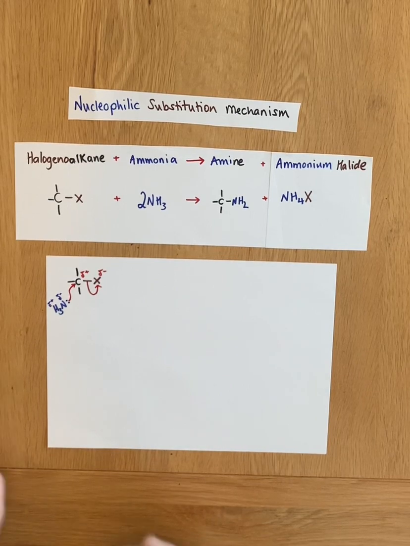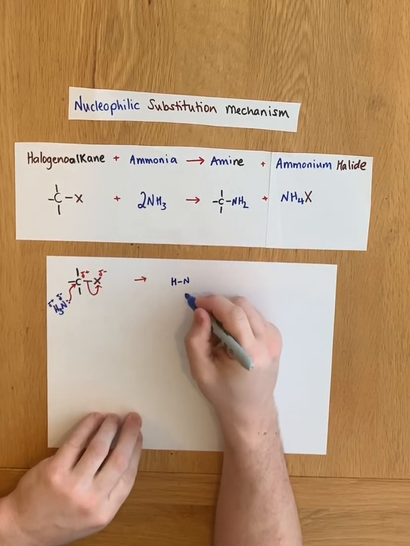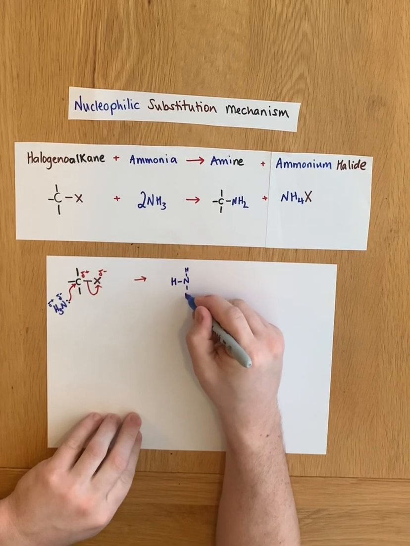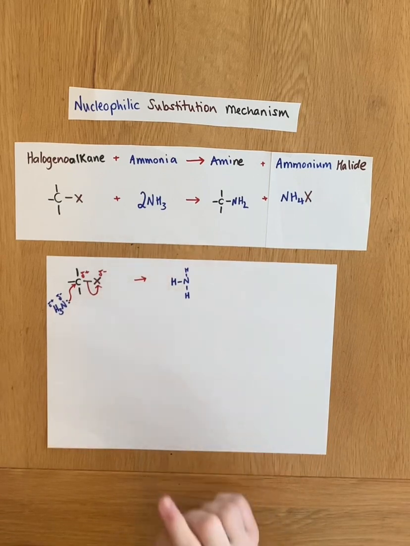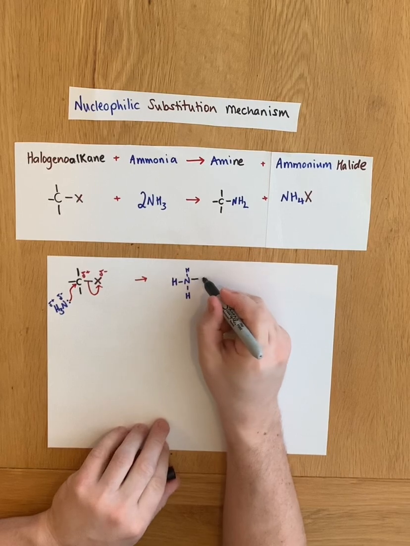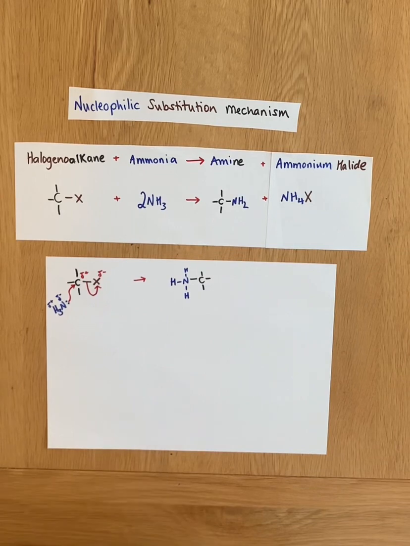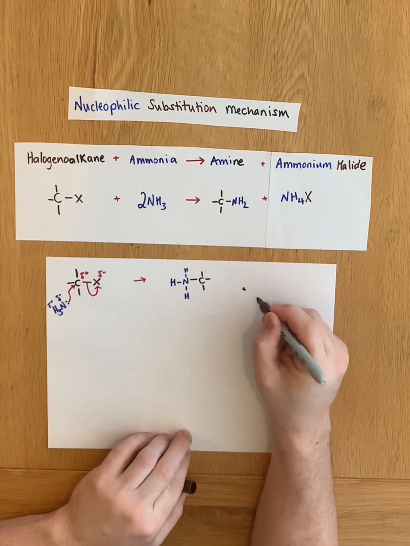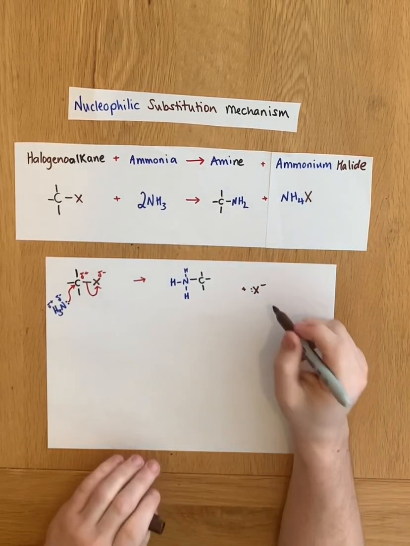Following those arrows through, we have now got, and I'm going to draw my nitrogen and its bonded hydrogens out in full this time because I'm going to be needing these bonds shortly. That nitrogen is now covalently bonded to the carbon, which still has the other three things it was bonded to, and a halide ion, you can draw the lone pair if you wish, has been kicked out.